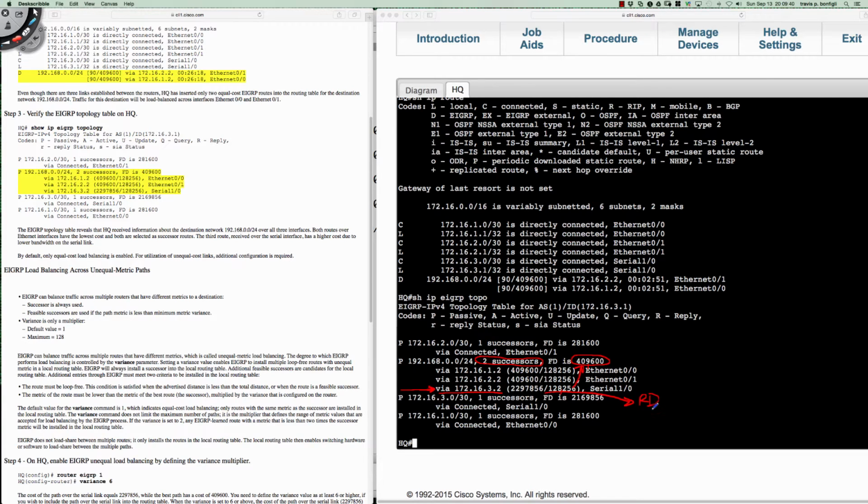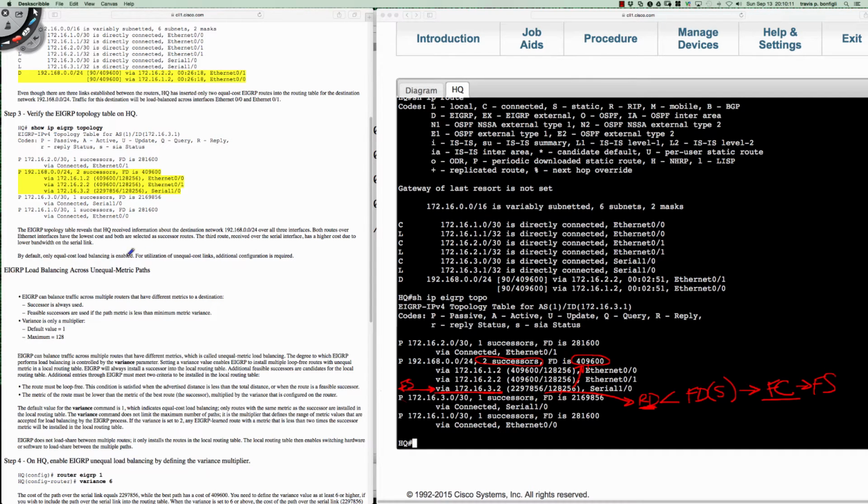So the reported distance of the candidate is strictly less than the feasible distance of the current successor. Therefore, we meet the feasibility condition, and that means we have a feasible successor. So this route right here is our feasible successor route.